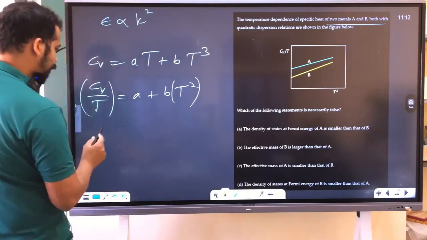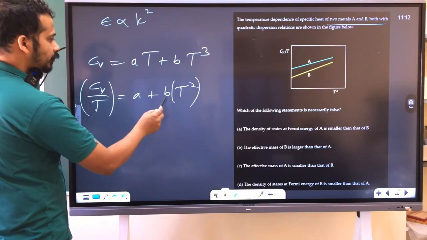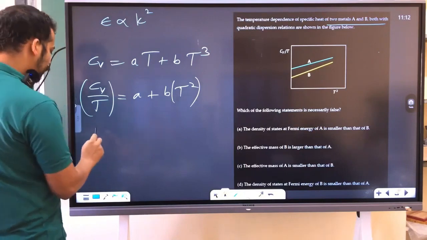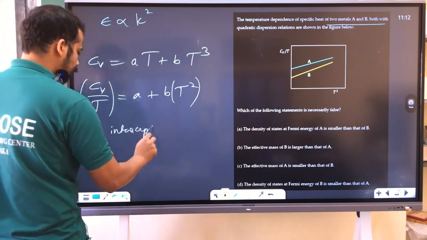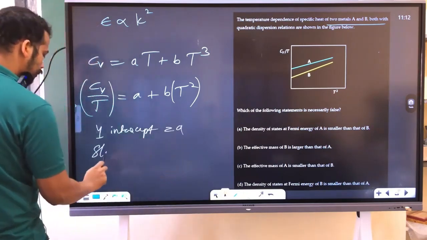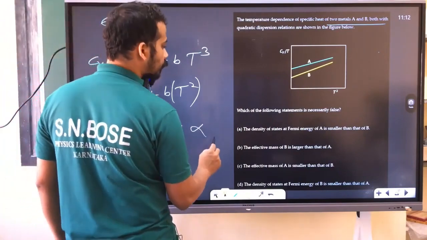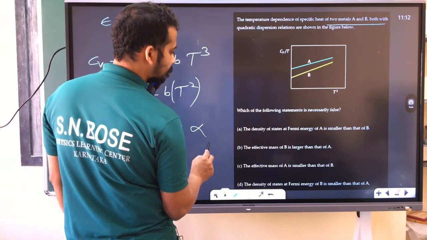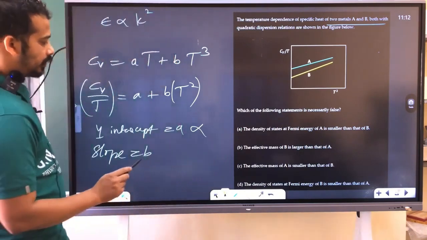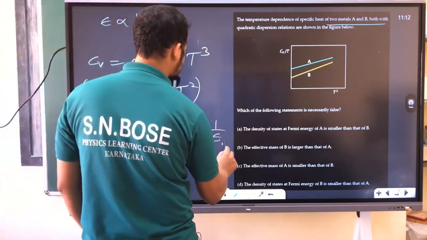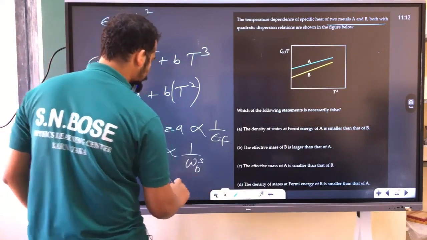Y-intercept is A, and slope is B. This A is inversely proportional to 1 by EF, and he's talked about effective mass also. B is inversely proportional to omega d cube or theta d cube, isn't it?